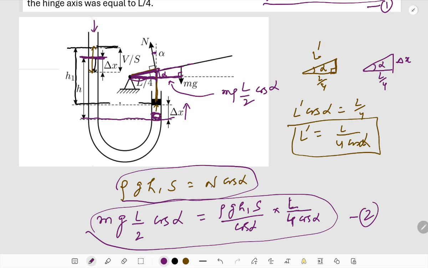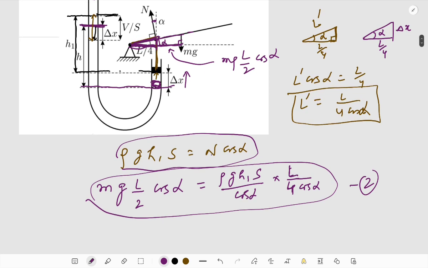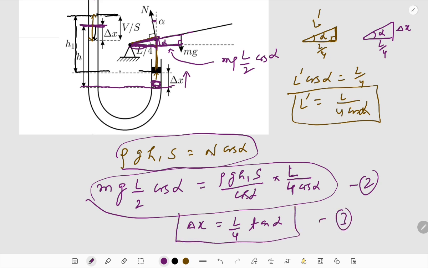So I can write a relation between delta x and L by 4. L is given, alpha is also given. So delta x will be equal to L by 4 tan alpha, because tan alpha equals delta x by L by 4. So delta x equals L by 4 tan alpha. This is my equation number 3 for this equilibrium condition.